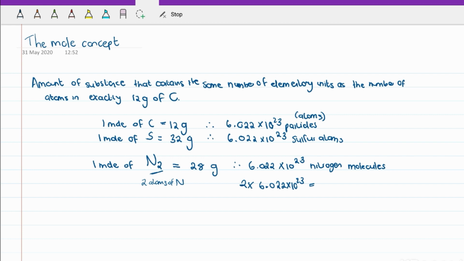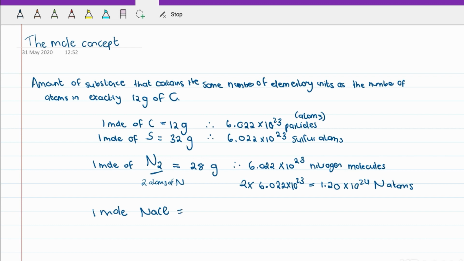Let me quickly work that out for you. That gives you 1.20 times 10 to the 24 nitrogen atoms. And if you have, let's say, sodium chloride, and you want to understand that 1 mole of sodium chloride, now this is a tricky question.